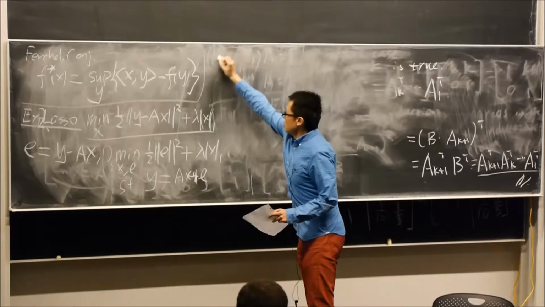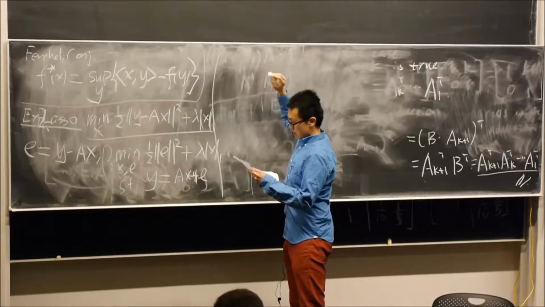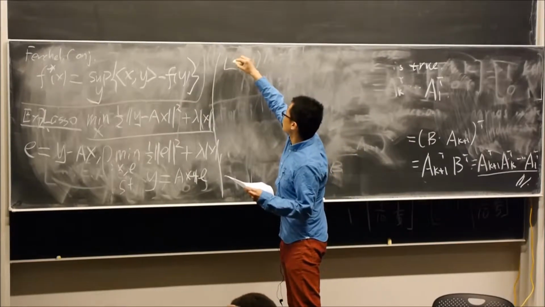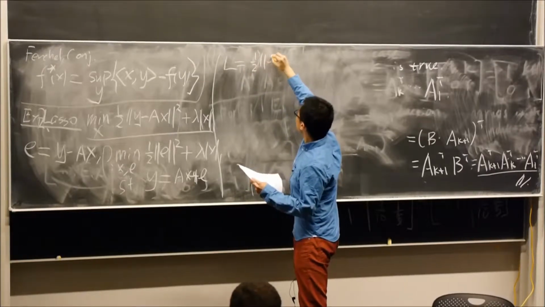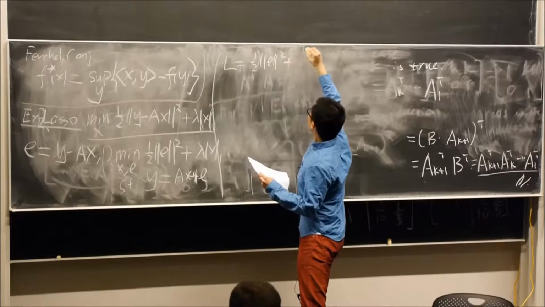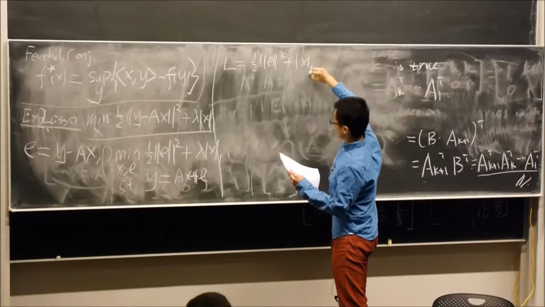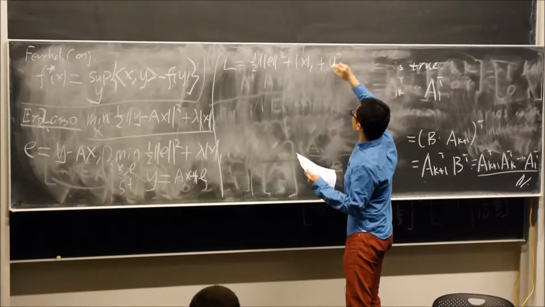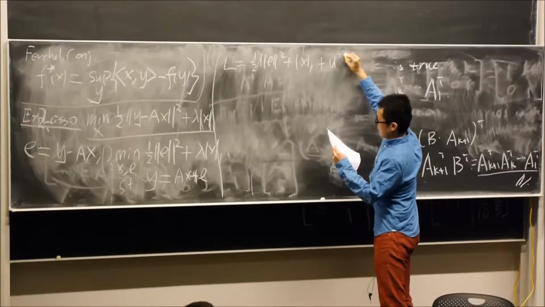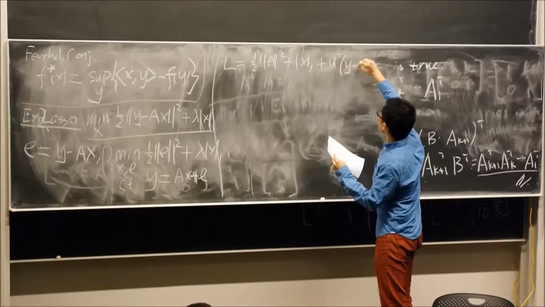To derive its dual, it now becomes trivial to write out the Lagrangian. It is simply this, and we have a dual variable u, and we put a constraint here.